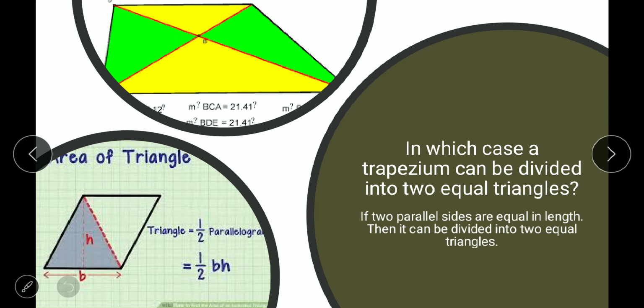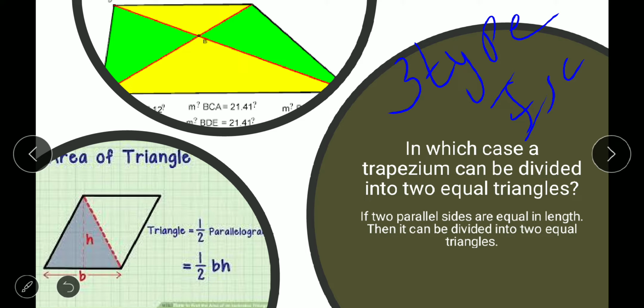And next question: in which case can a trapezium be divided into two equal triangles? As we discussed, we have different types of trapezium: isosceles trapezium, scalene trapezium and right angle trapezium. So if you divide all the three trapeziums, will it give equal triangles?